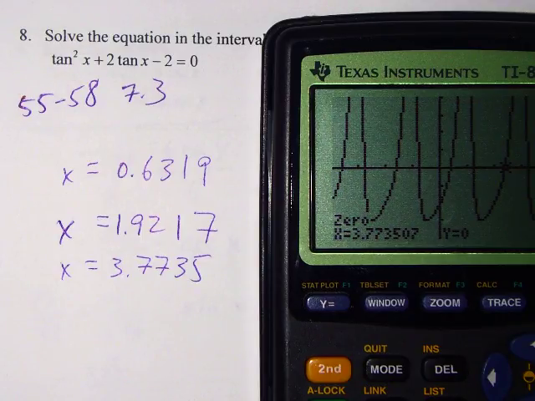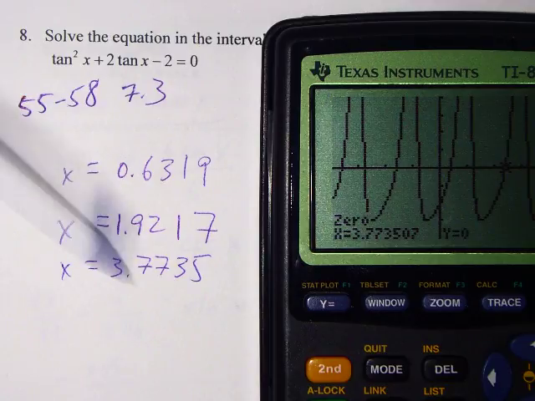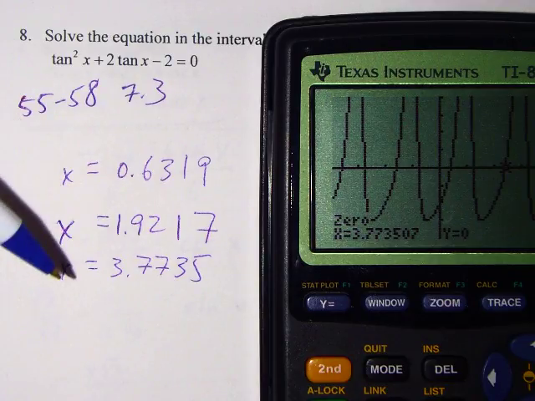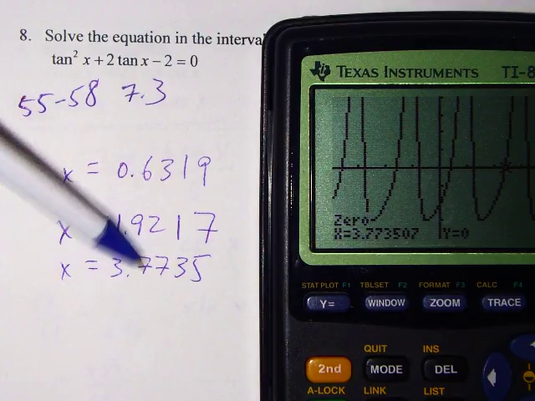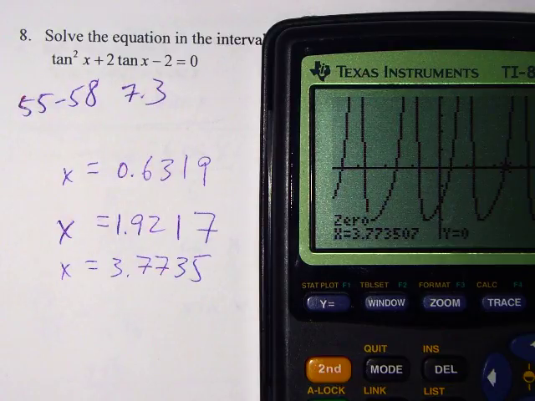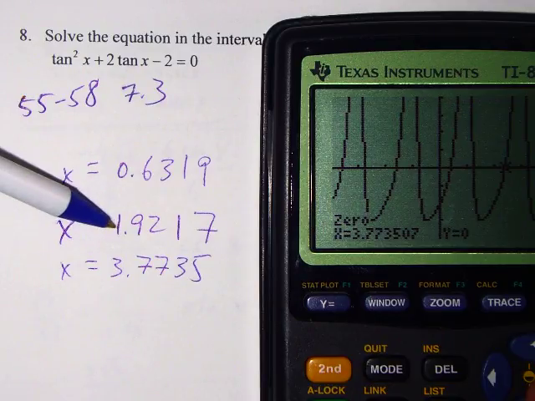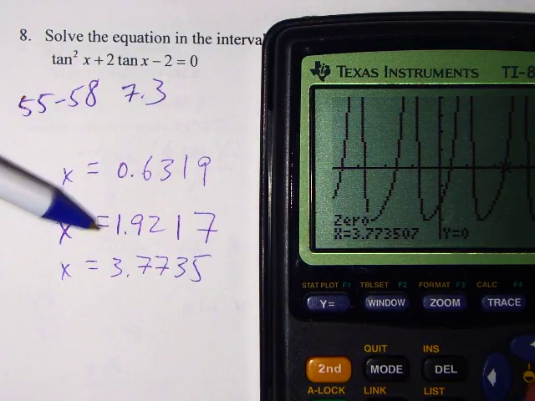I'll give you a second to think about that. What is that approximately? It's going to be 3.14. Oh, wait a second. That's pi. So it looks like our period is pi. So our last answer should be 1.92 plus pi.